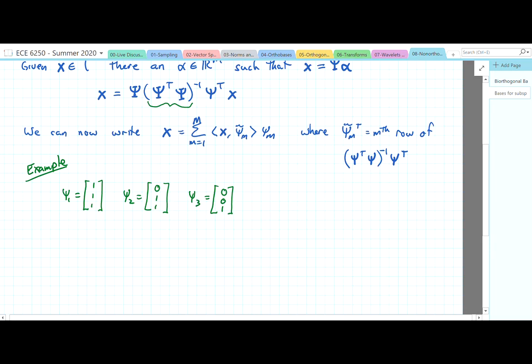We put this into a matrix and find the inverse, and that would give us psi inverse equal to 1, 0, 0, negative 1, 1, 0, and 0, negative 1, 1.